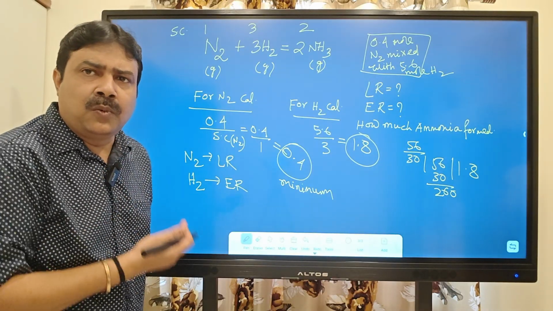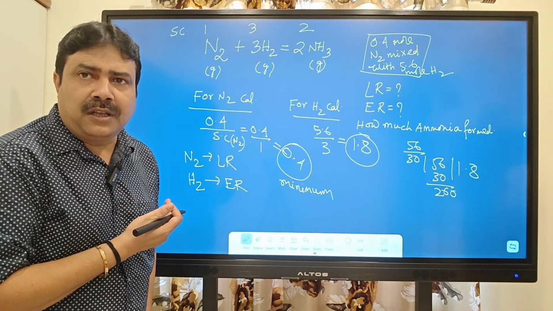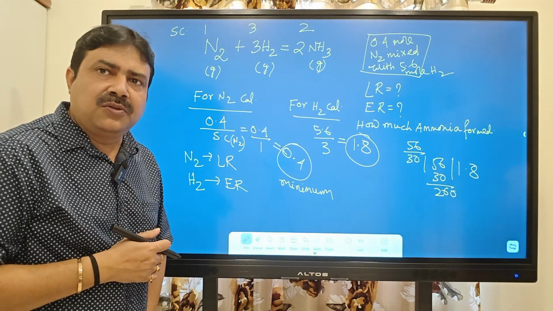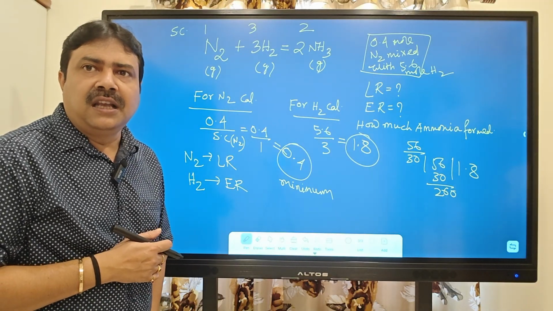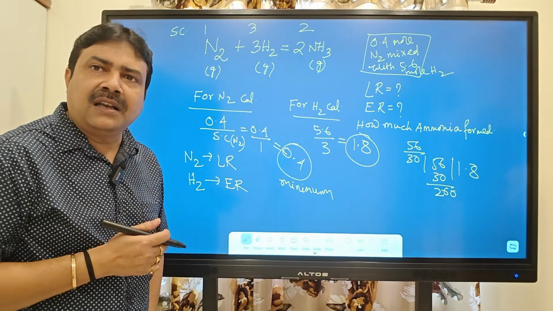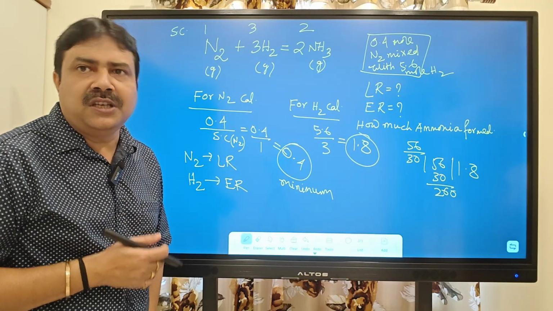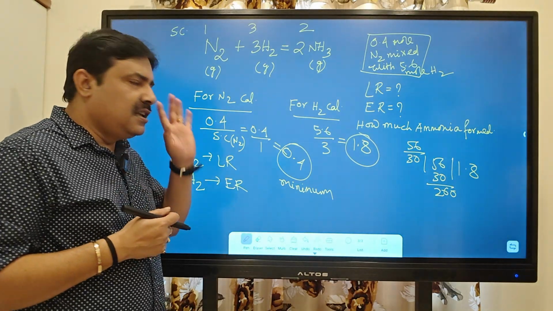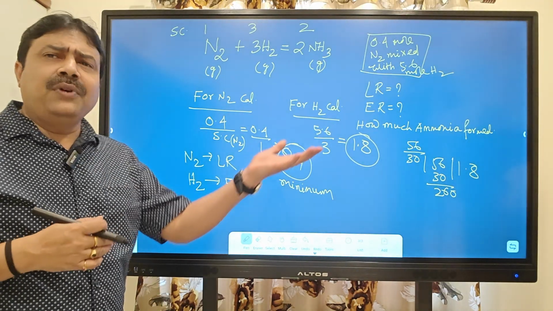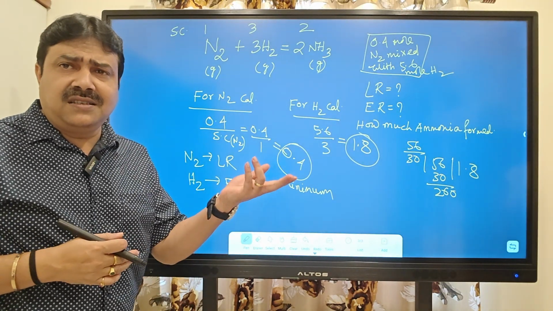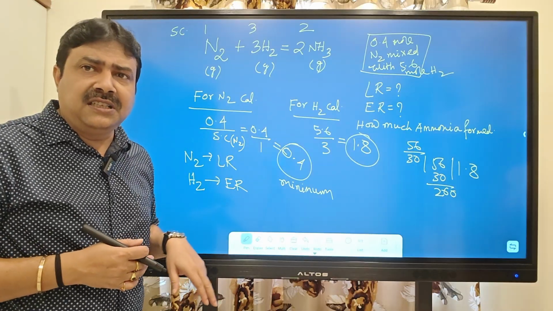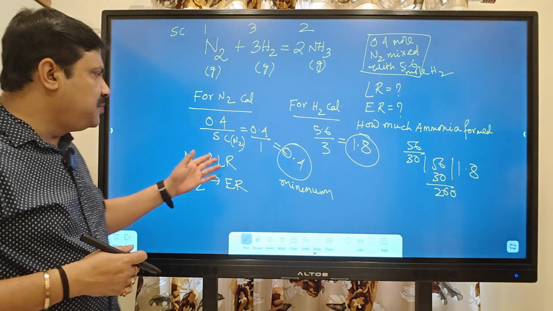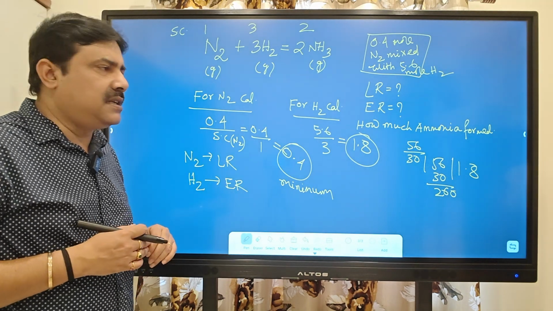That means whatever mole is given in the problem, divided by the stoichiometric coefficient from the balanced equation of that particular reagent, if I compare, the one giving the minimum value is the limiting reagent. As there are two reagents, if one is the limiting reagent, by default the other one will be the excess reagent.